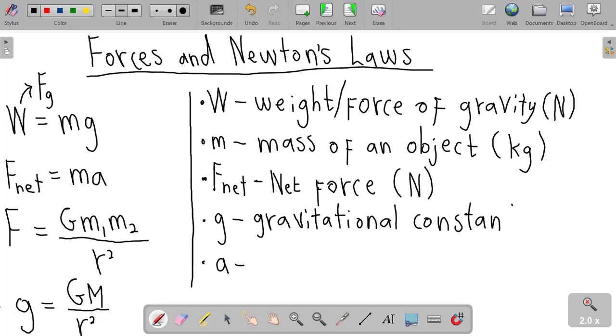Most of the time it is 9.8 on Earth. It changes if you go to another planet. For example, on the moon it won't be 9.8, it will change into something else.